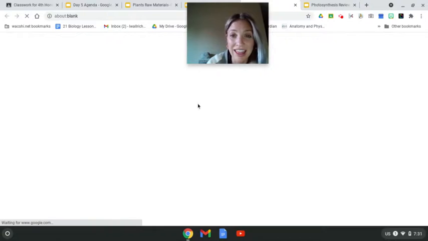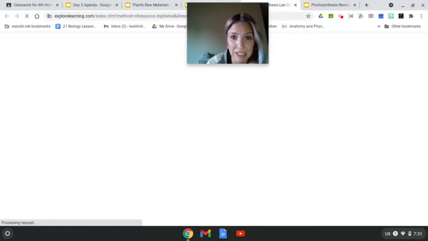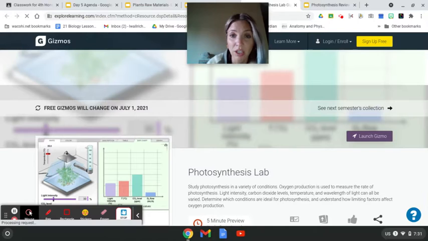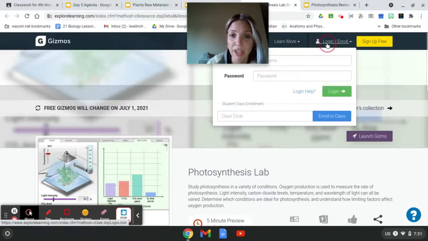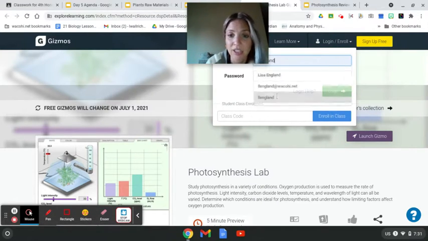So you're going to click there on slide 2, click on where it says Gizmos, and then you're going to need to come to this website and log in. When you created your login, so click login, you used your username that was in front of @wacohigh.net. So mine is LL England. You should have put @wacohigh.net.